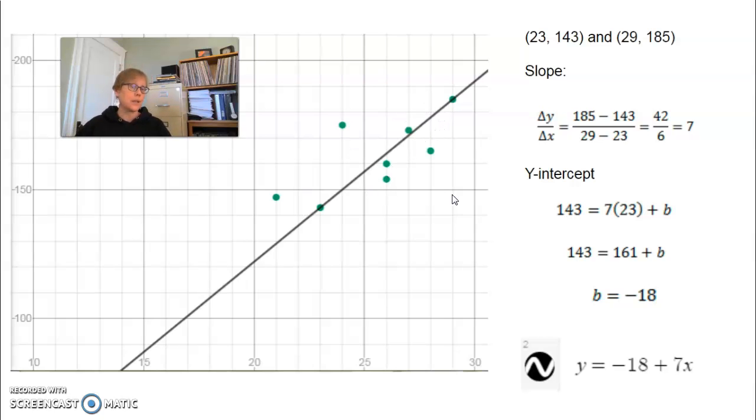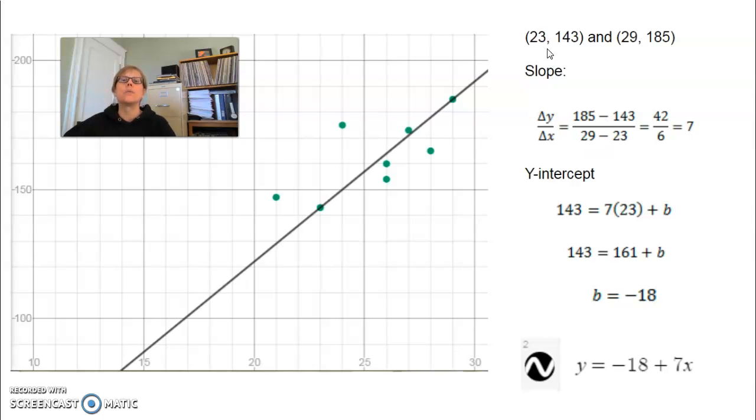And again, I want to say this, that's just eyeballing it. As we go along in this chapter, we're going to find that there is an exact way to do this. So we actually do have the true line of best fit. We're not quite there yet. So at this point, we're still estimating it. All right, but anyway, you can see what I did. I chose 2 points on the line.